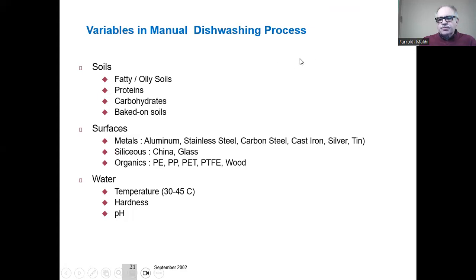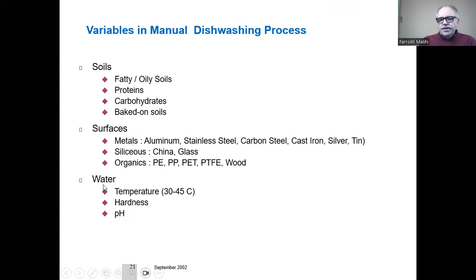Variables in the manual dishwashing process include soils, different kinds of soils. It can be fatty, oily soils, protein, carbohydrates, baked-on soil, which is the toughest kind. Different surfaces: metal, aluminum, stainless steel, china, glass, and different kinds of plastic surfaces.